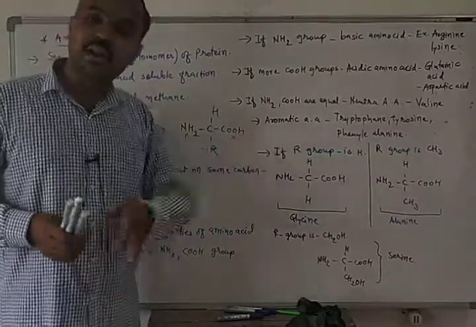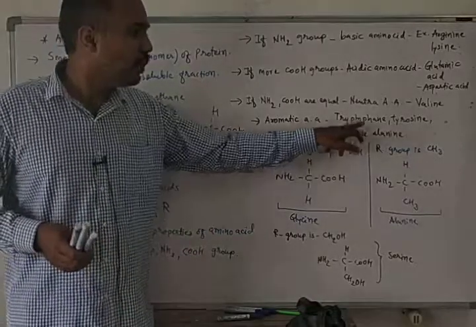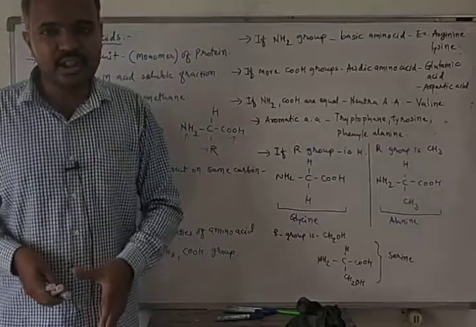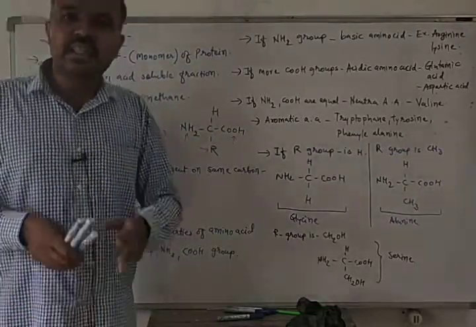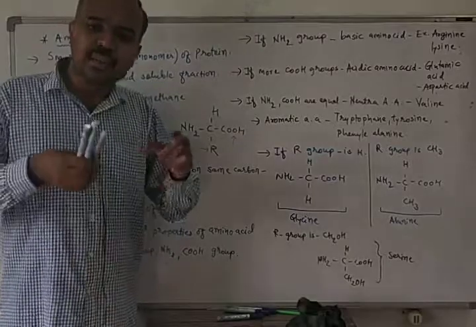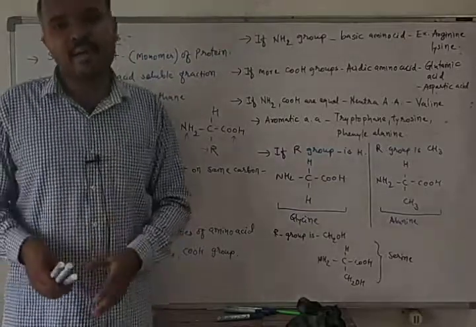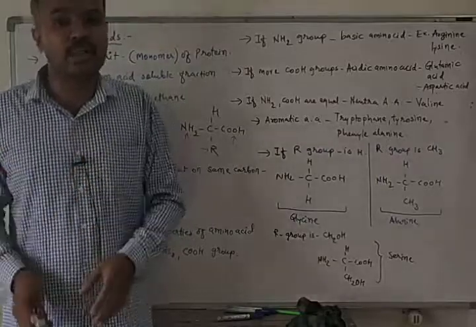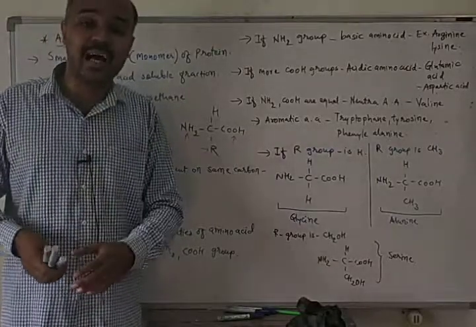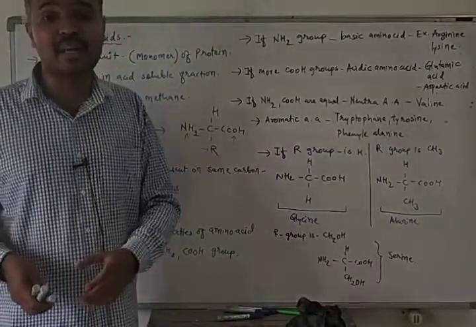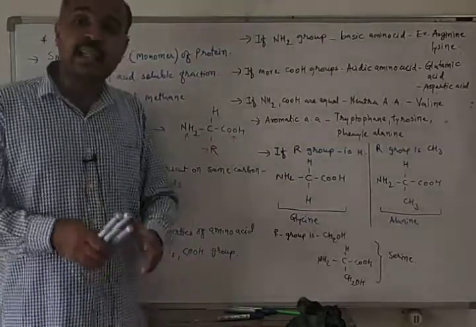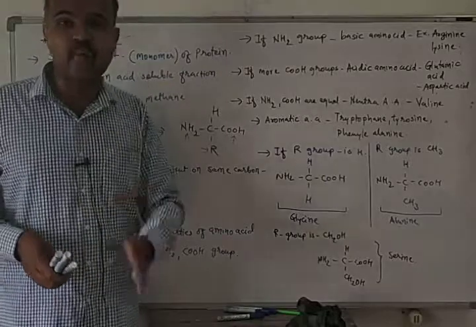Examples of aromatic amino acids are tryptophan, tyrosine and phenylalanine. These are the three amino acids known as aromatic amino acids because an aromatic group is present as the R group.